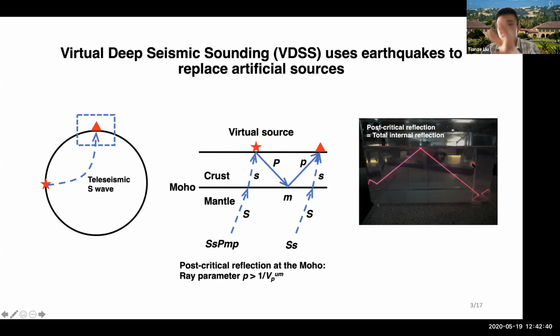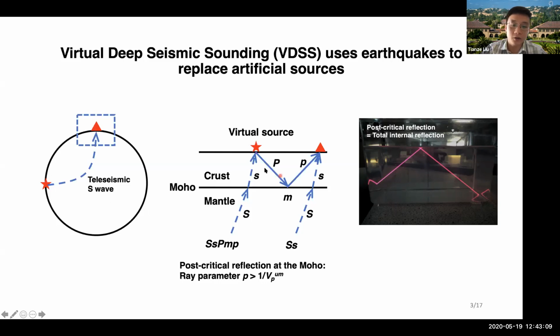And if you flip this picture, it will be exactly the case we see in our virtual deep seismic sounding, because in the case of VDSS, the crust is a low velocity medium, equivalent to water in this optic case, and the mantle is a high velocity medium, corresponding to the air in our laser case.